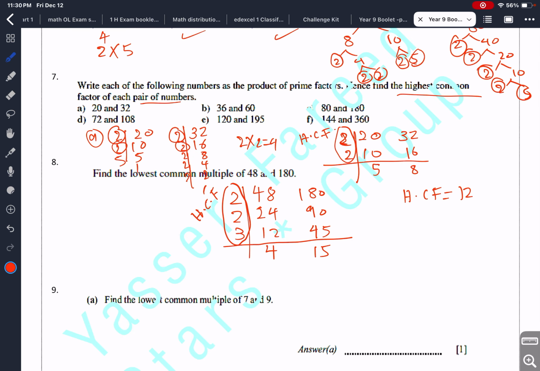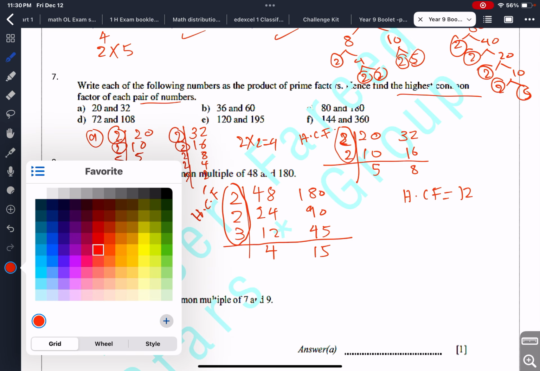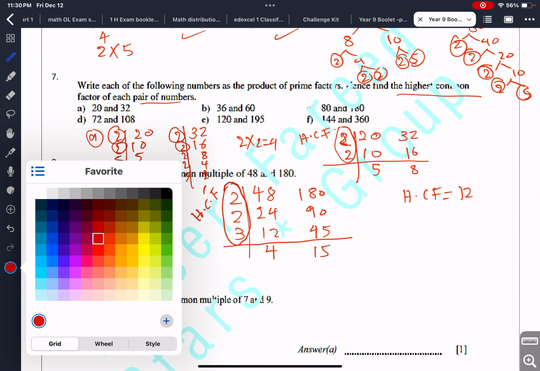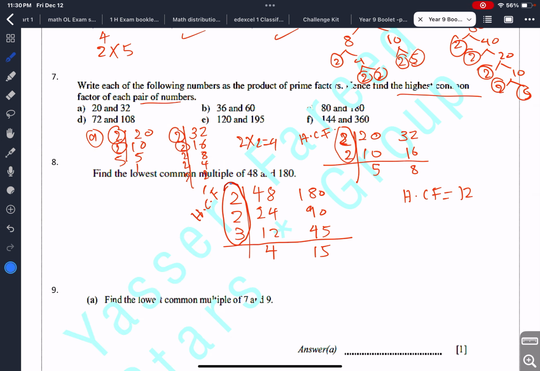And the LCM will be, look, I'm gonna draw the letter L, look here. I'm gonna take all these numbers, multiplied by 15 and 4. That will be the LCM. It will be 2 times 2 times 3 times 4 times 15.